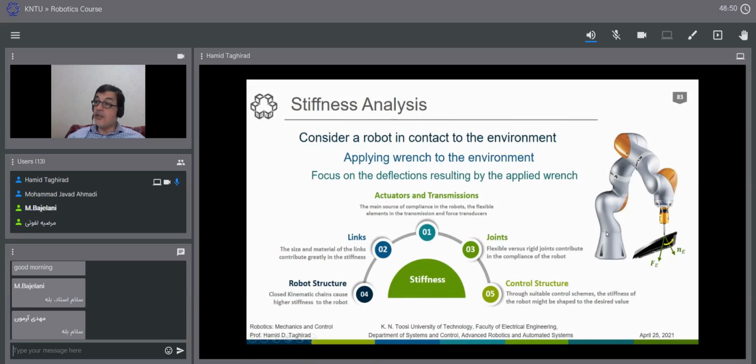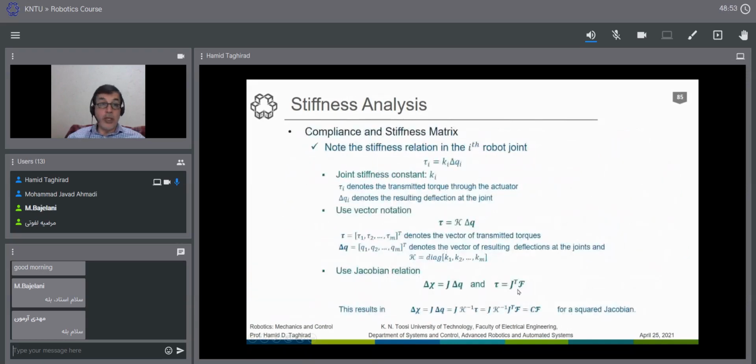We know that it is distributed to the joints by the Jacobian. We know that F and tau are related to each other. Consider everything static for now. We just want to see how the deflection between the force and the position behaves. So the force is mapped by the Jacobian transpose as a torque to each joint.